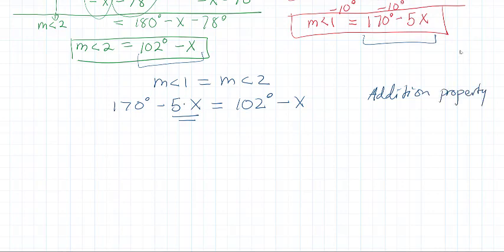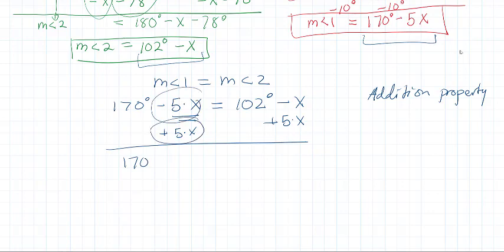Because it's the inverse operation to negative 5x. So we have plus 5 times x, plus 5 times x. Let's add these up. We have 170. Now, negative 5x, positive 5x both cancel, equals 102 minus x plus 5x.